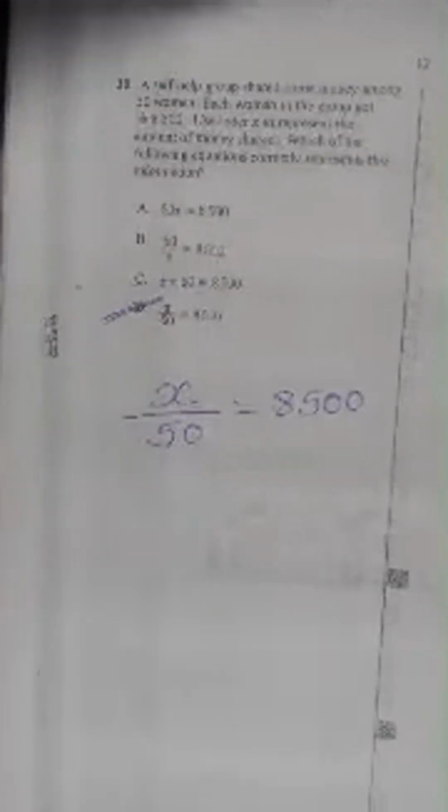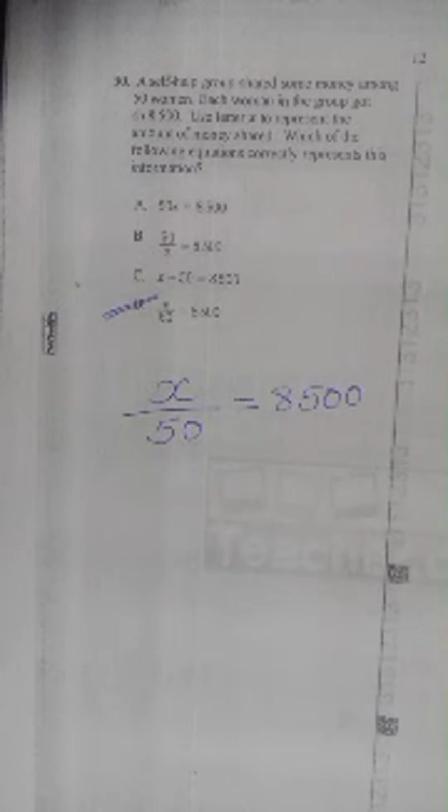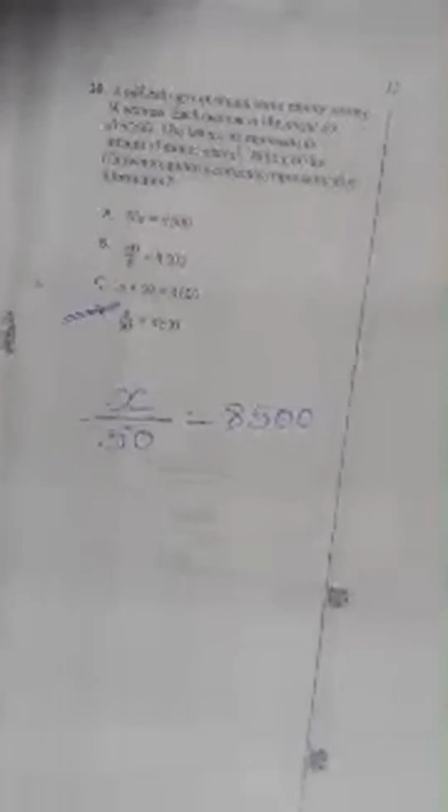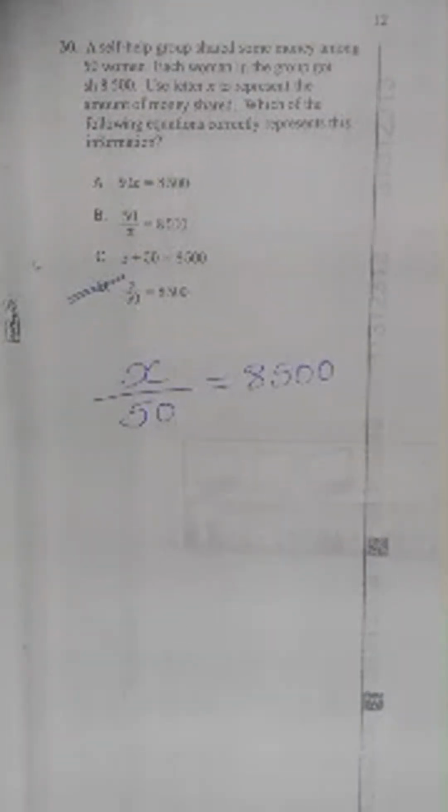So that is how you attempt all the 30 questions for the KPSEA mathematics. If you look at the time as I am discussing, I have used 1 hour 10 minutes. So this shows that this paper is well calculated with the time for it to be done by the student.